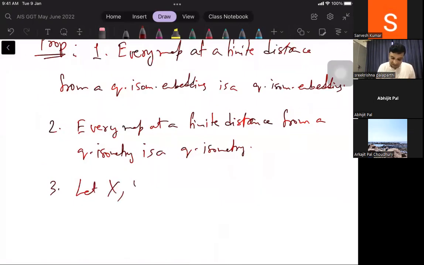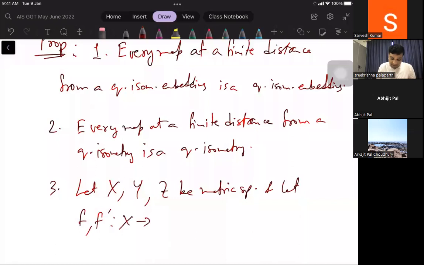Let X, Y, Z be metric spaces, and let f and f prime be two maps from X to Y, which are at a finite distance from each other.